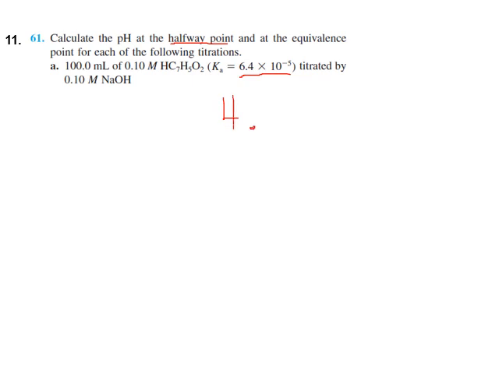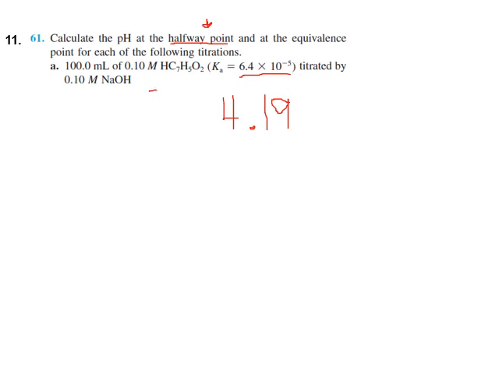So there's your answer to A. Or anyway, that's the answer to the halfway point part. And notice you don't really have to worry about any of this other stuff over here.